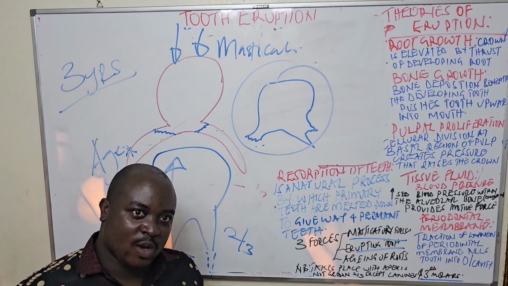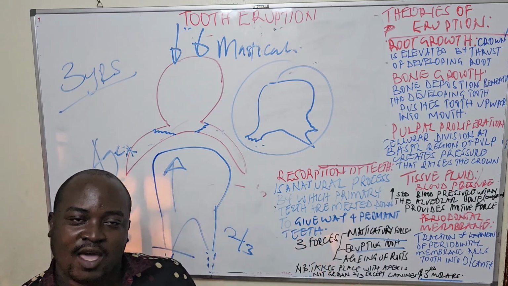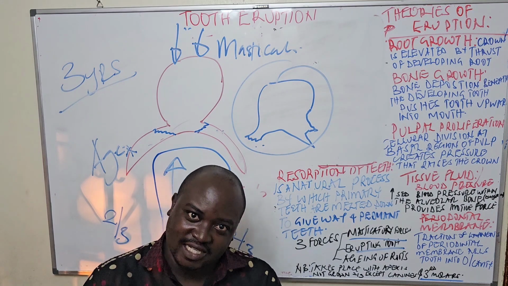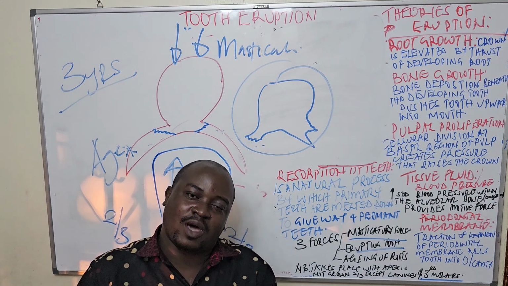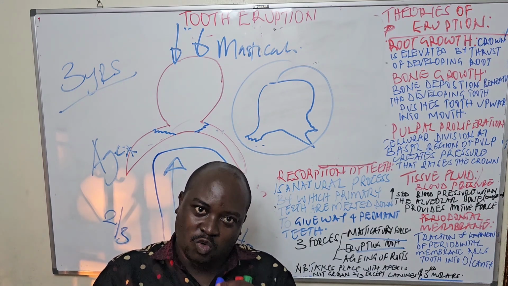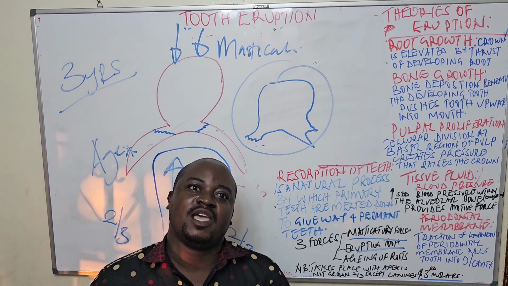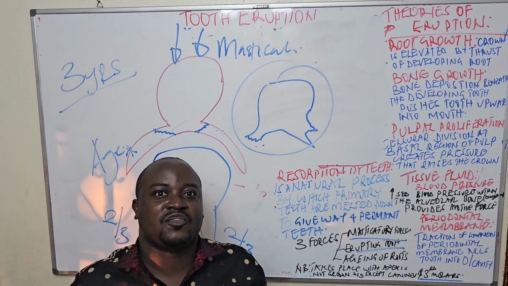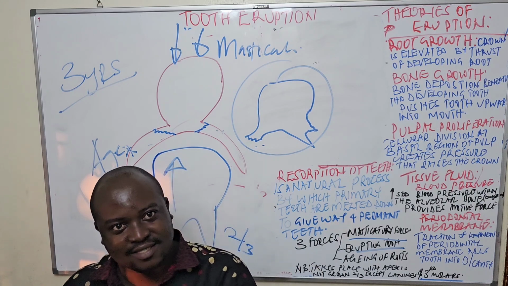So, for example, we said the first molar will appear at 6 years. So for us to have a fully mature root with the apex formed, it will be 3 plus 6, so we have it at 9 years.